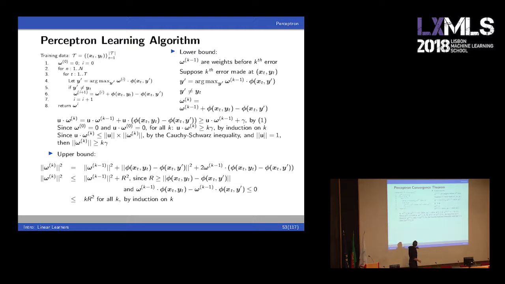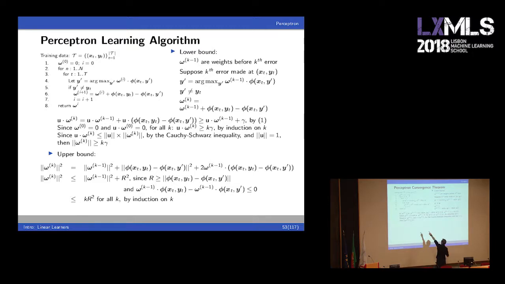In the first line, we just have the left-hand side times u and the right-hand side times u. Then the term before the greater or equal sign can be cancelled because this is greater or equal to gamma, as we said before in our assumption, right?